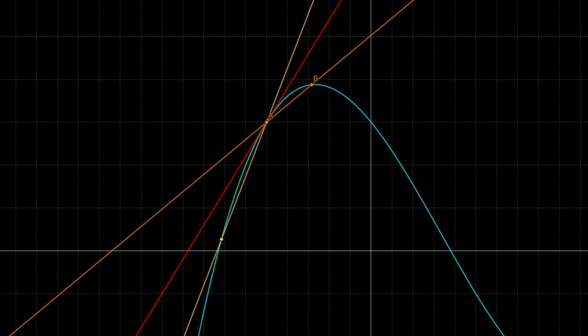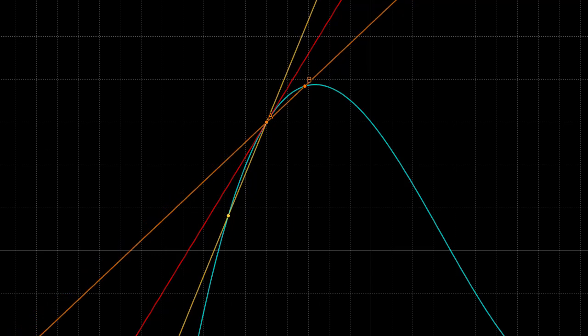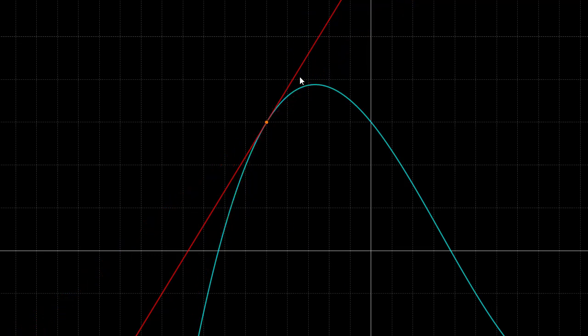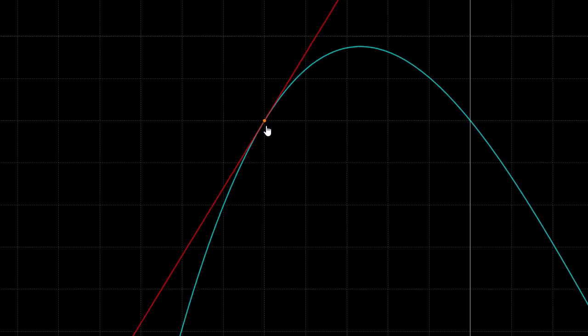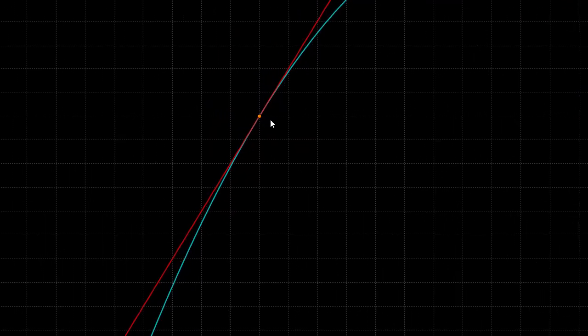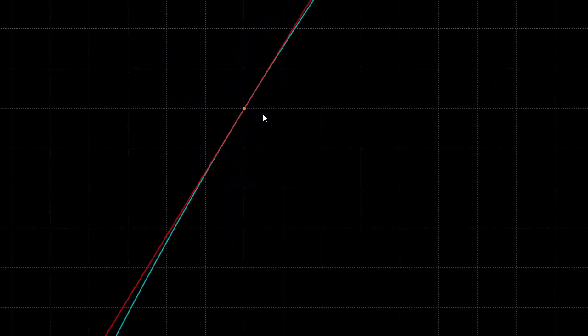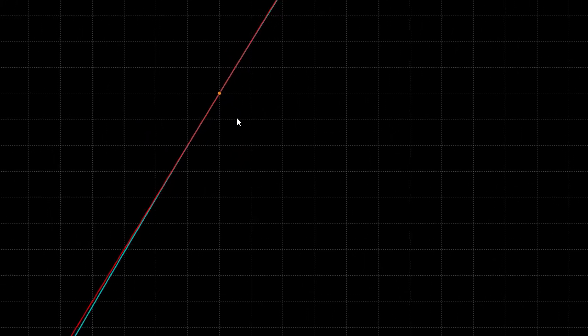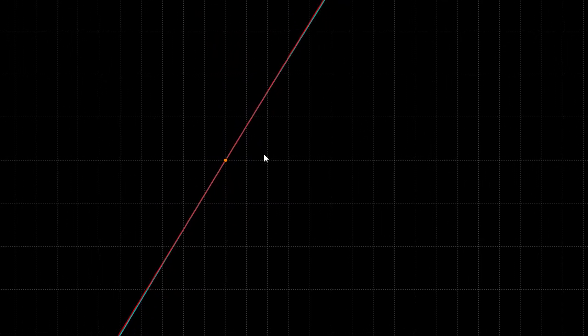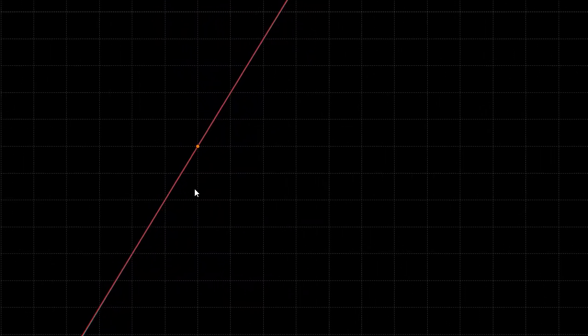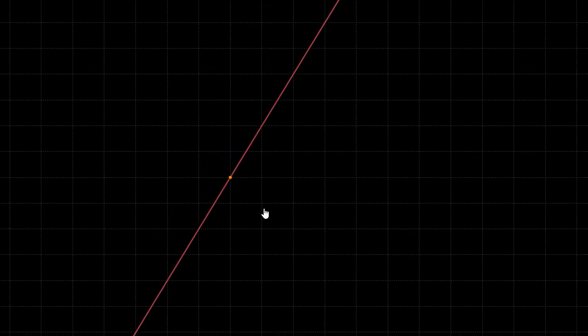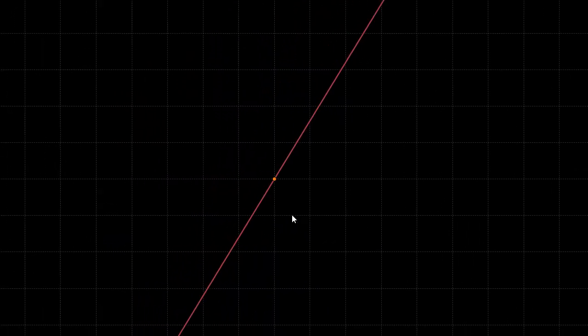Here's another important distinction about it. Okay, here's the tangent line. If we zoom in real close, you'll start to see that eventually there's no difference between this tangent line and the graph itself.